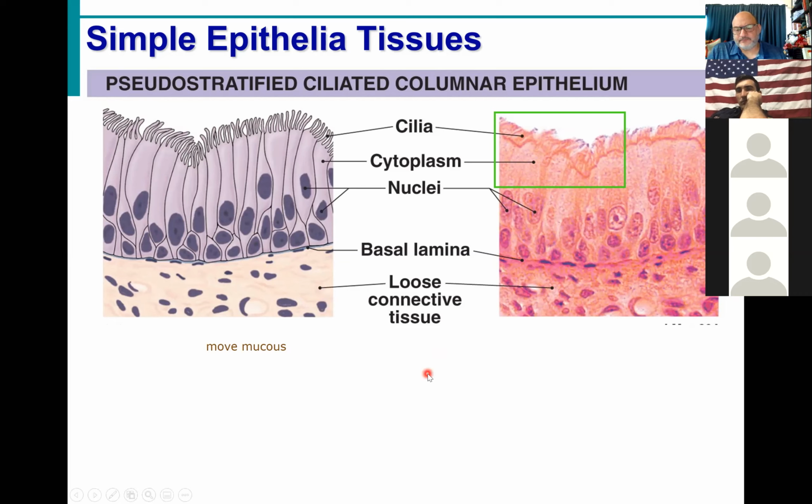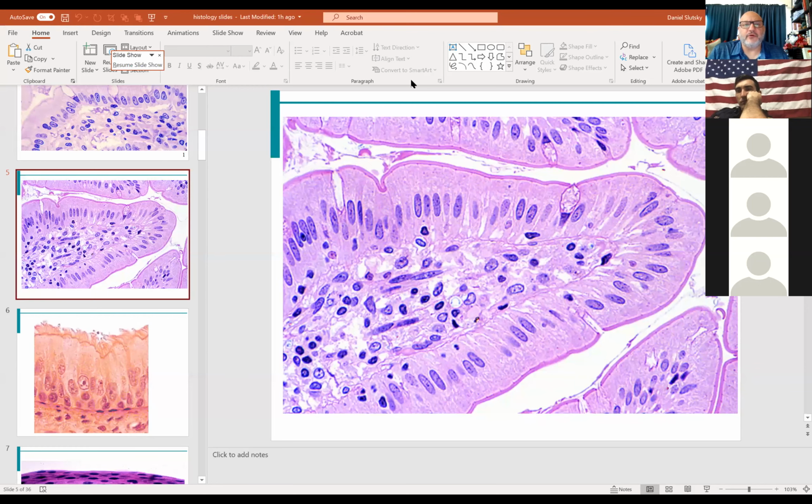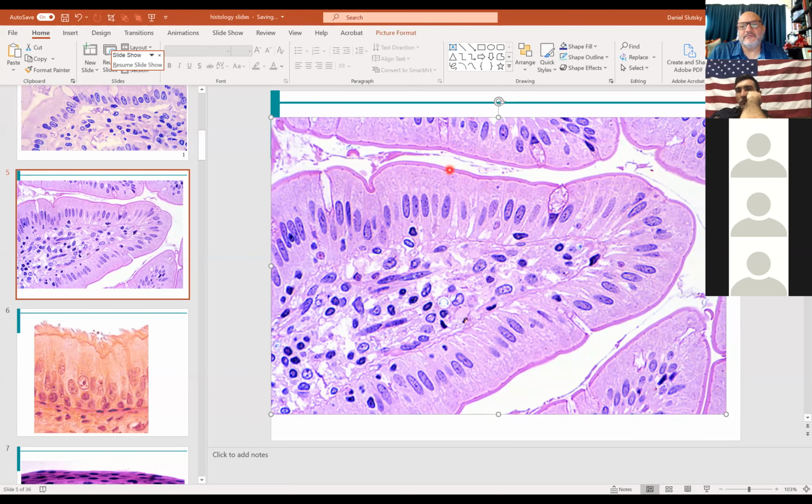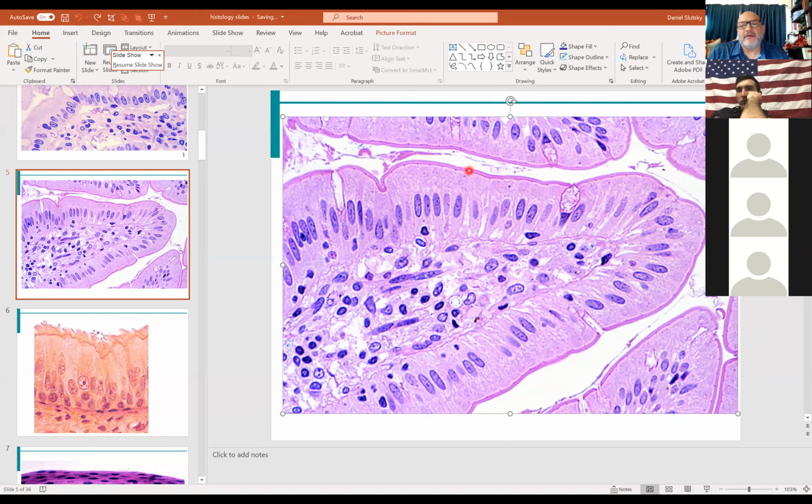In fact, now that we know, when I showed you this picture before, remember there was this darker spot up here on the top? Guess what that is? Identify the organelle. Is it cilia or microvilli?